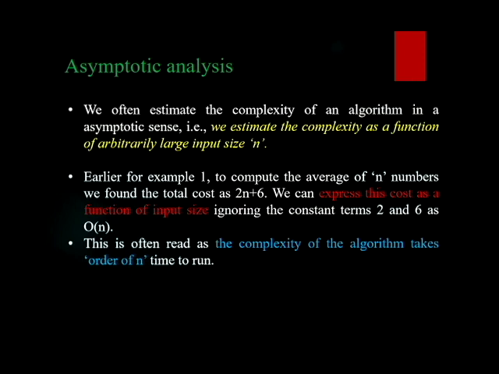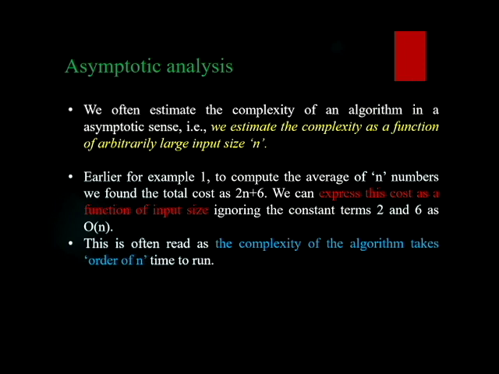Here I've already mentioned all this. In our earlier example, 2n plus 6, or let's say 2n plus 7, because there were 7 elements, right? This is a mistake. No, this is correct, because 6 is the number of steps. This n will be 7, so 2 times 7 plus 6, that's the time.